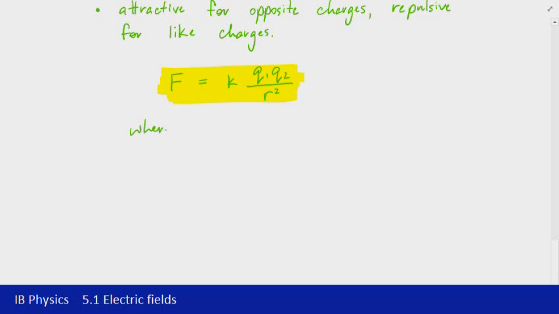So just to notate all of these quantities now, F is the electrostatic force between the charges, and when we're dealing with force, we know that that's measured in newtons. Q1 and Q2 are the charges, and the charges would be measured in coulombs, as we saw in the last video.